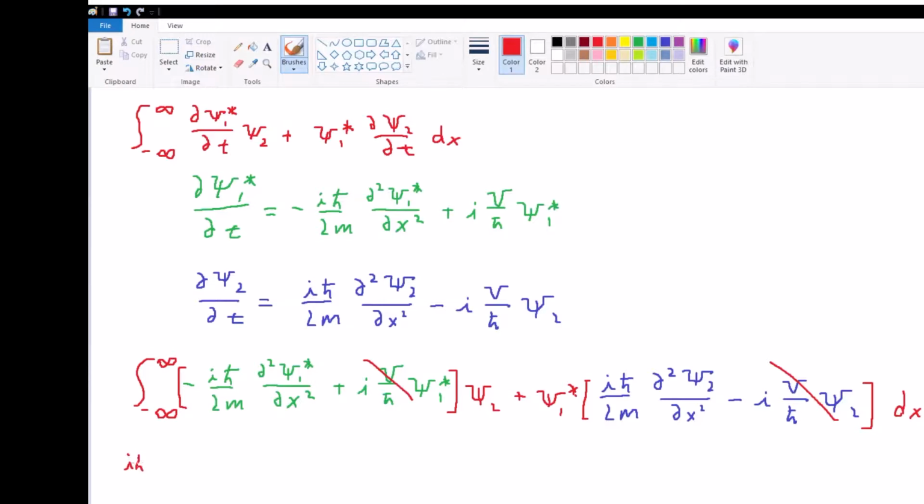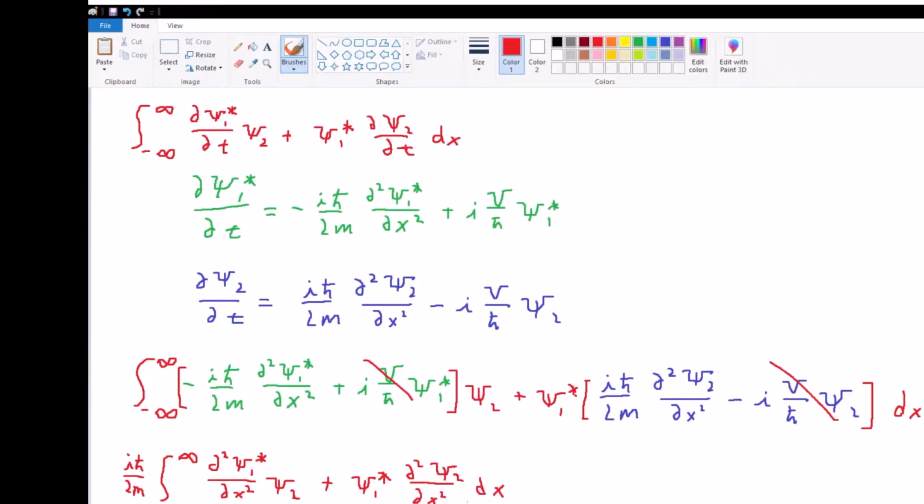So this becomes i h bar over 2m times the integral from negative infinity to positive infinity of the second partial of psi 1 star with respect to x squared multiplied by psi 2, and we're adding this to psi 1 star times the second partial of psi 2 with respect to x squared dx.